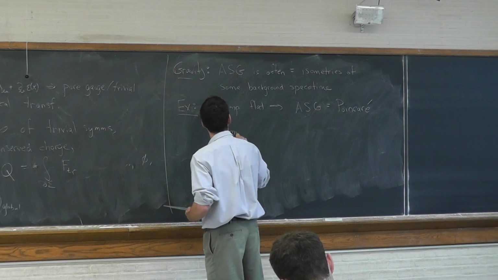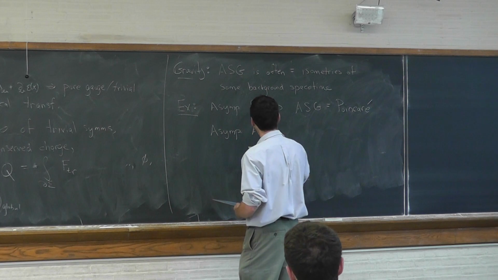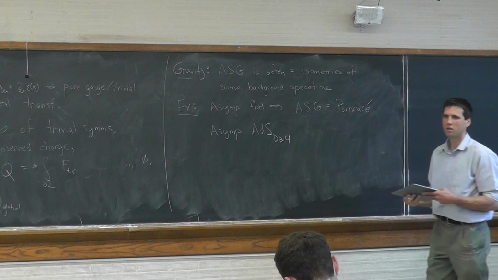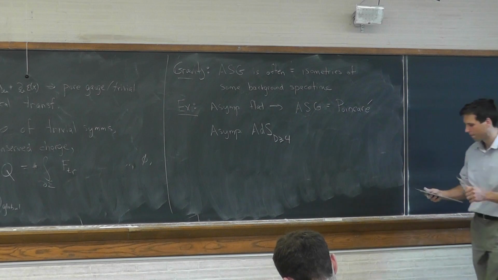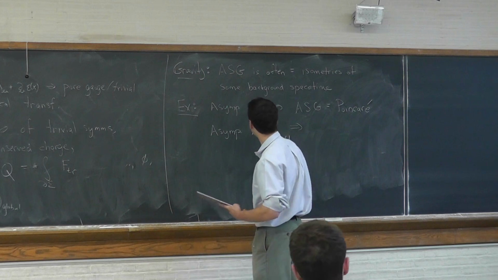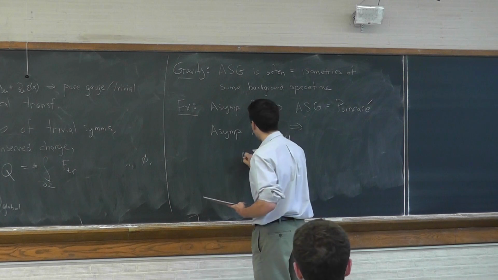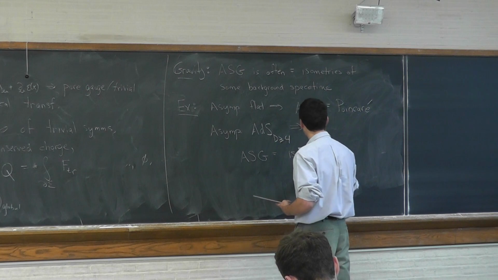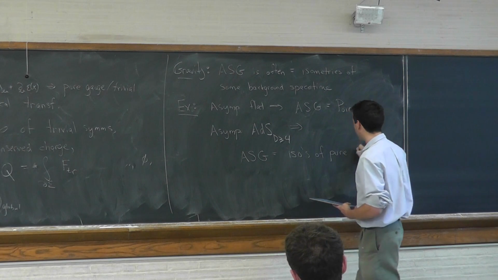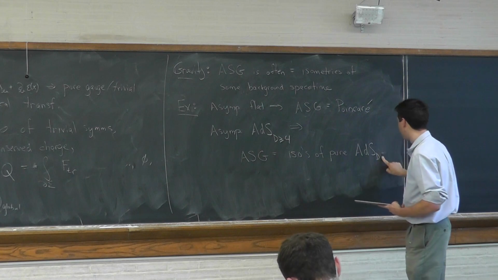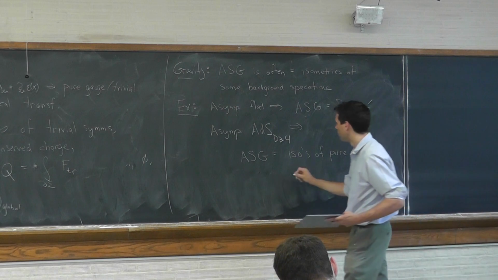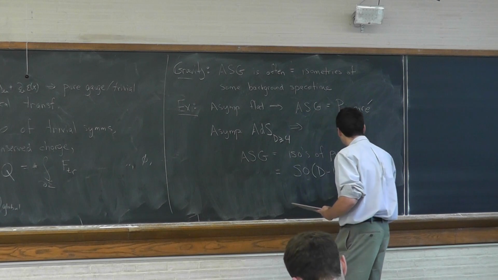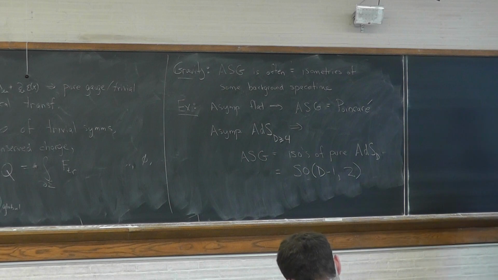Another example is that if you have asymptotically anti-de Sitter boundary conditions in 4 or higher dimensions, then the ASG is the isometries of pure, that is empty, AdS-D, which is SO(D-1,2), the maximally symmetric spacetime.